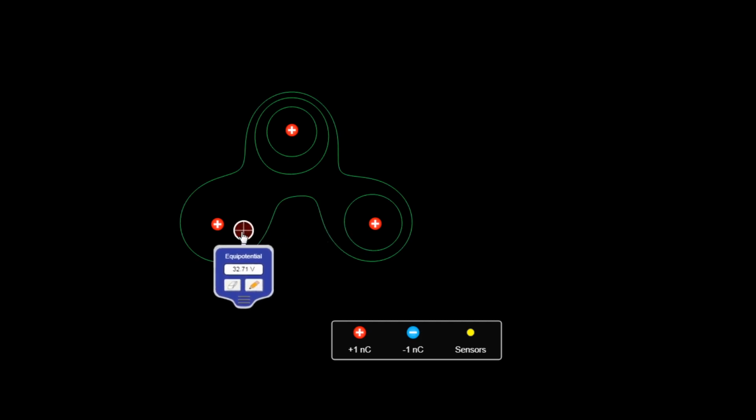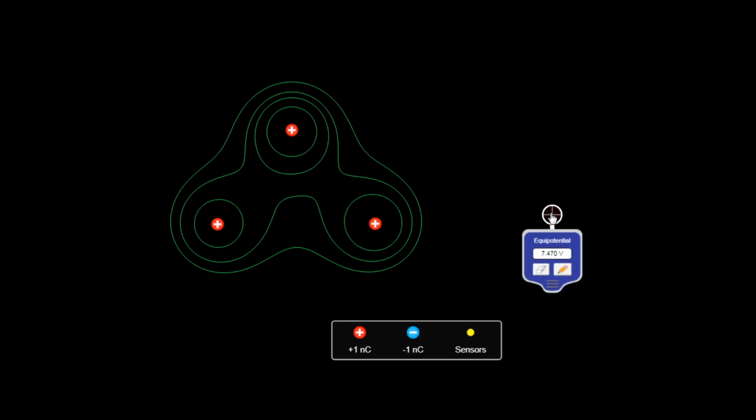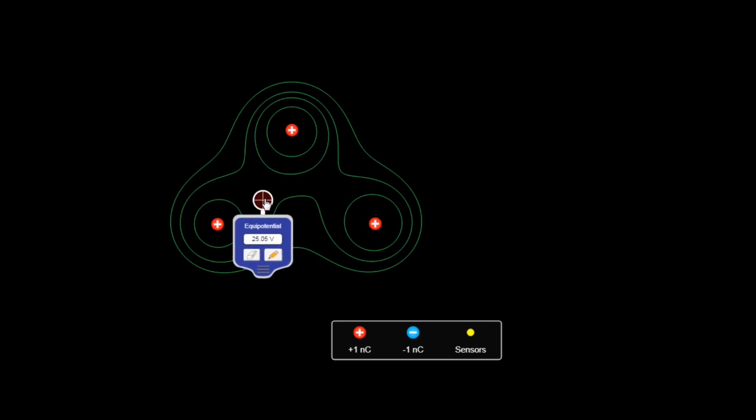See how the equipotential surfaces are. So for three charges kept at the vertices of the triangle, the nature of equipotential surfaces is like this.